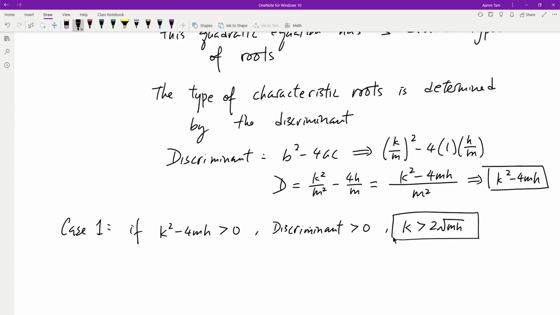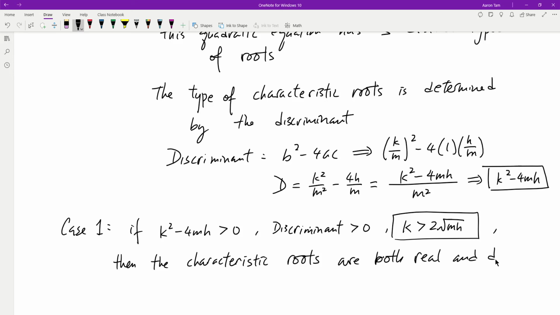If the constant for the resistance is greater than the numerical value of 2 times the square root of mass and the Hooke's law constant, then in this case, the characteristic roots are both real and distinct.